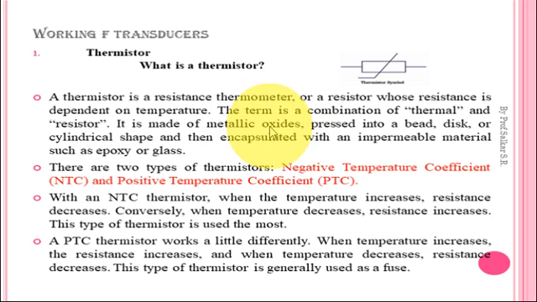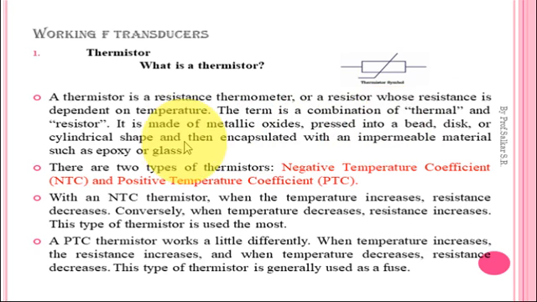So how is a thermistor formed? To construct a thermistor, a small powdered mixture of all these metals, such as cobalt, copper or nickel, is taken in powdered form, and then this powdered metallic oxide is pressed into different shapes such as bead shape, disc shape or cylindrical shape.